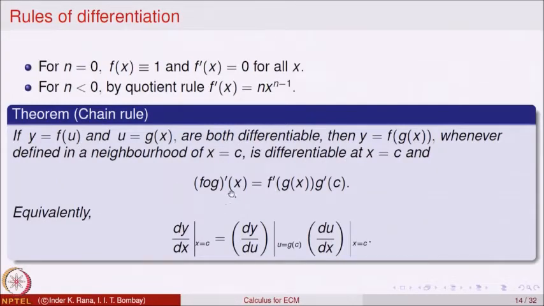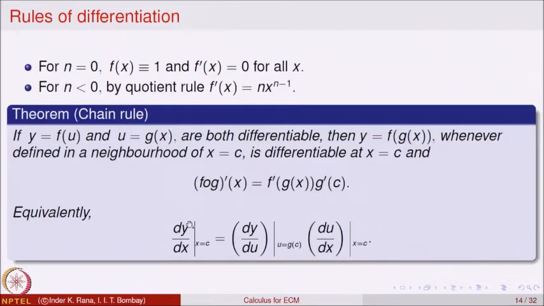Then the composite function is differentiable, (f∘g)'(x) exists and is given by f'(g(c)) g'(c). So it is a chain kind of a thing. There is a composite function, its derivative is the derivative of f, the function on the left side, at the point g(x), that is the first term, times the contribution by g, that is g'(x).